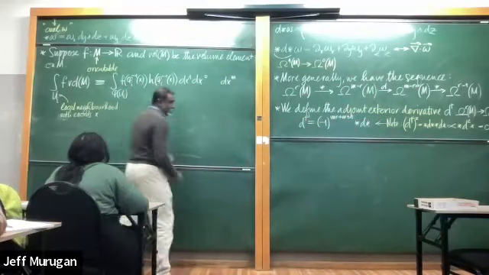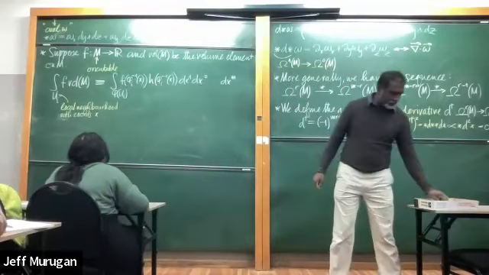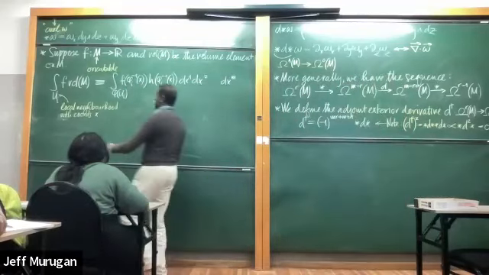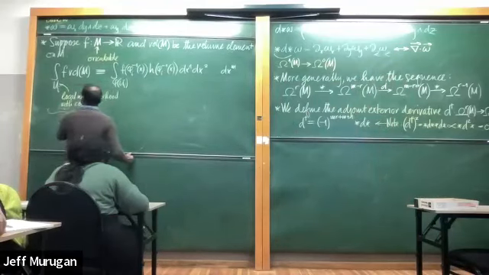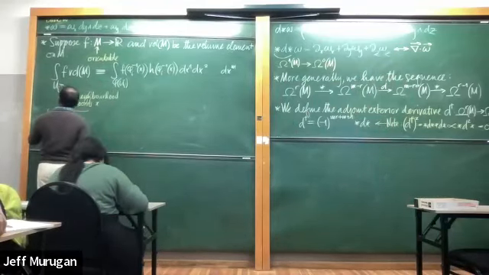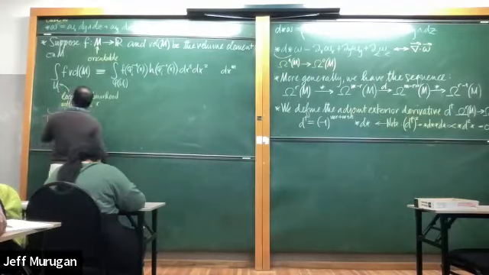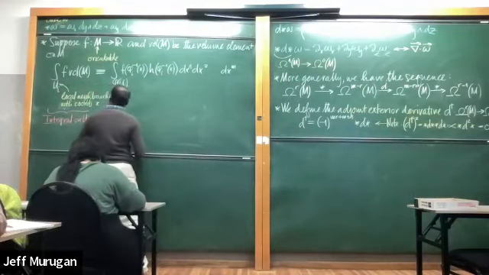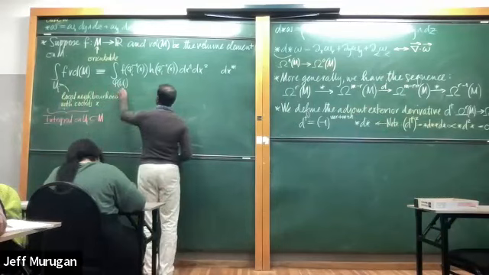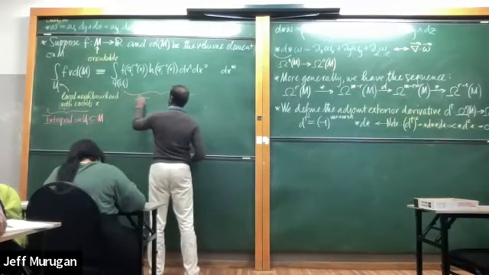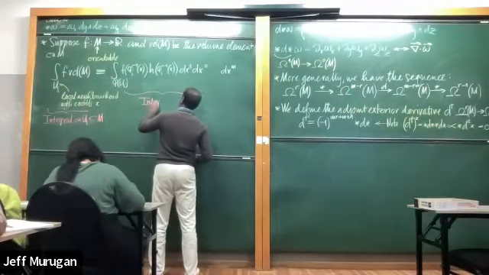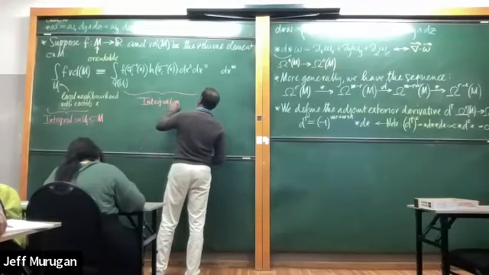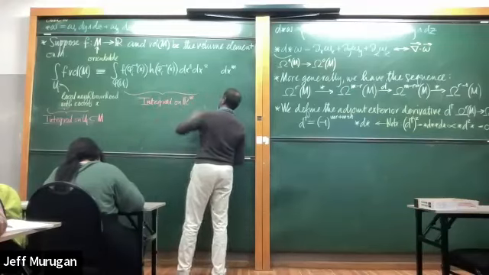The point here is that the left-hand side is an integral on U_i, some subset of M. The right-hand side is an integral on R^n.